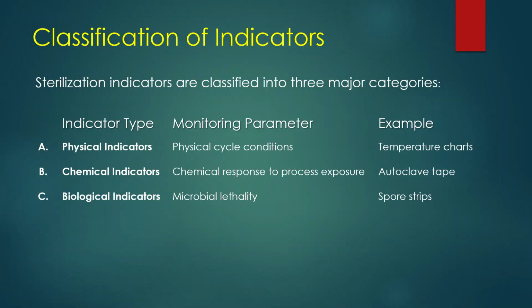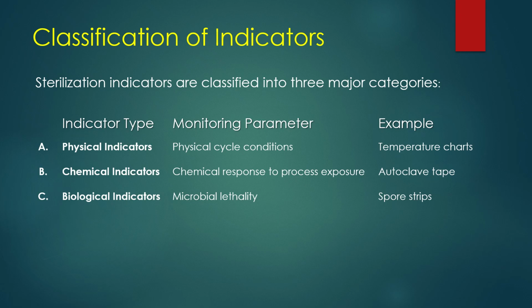Classification of indicators. Sterilization indicators are classified into three major categories, which are physical indicators, chemical indicators, and biological indicators. Physical indicators monitor physical cycle conditions such as temperature, pressure, and time during sterilization, typically using temperature charts and recording devices.